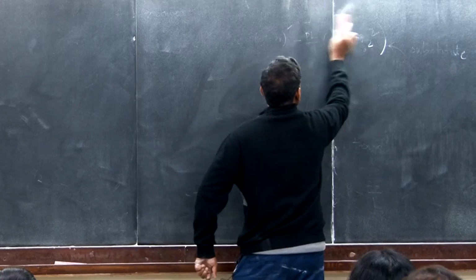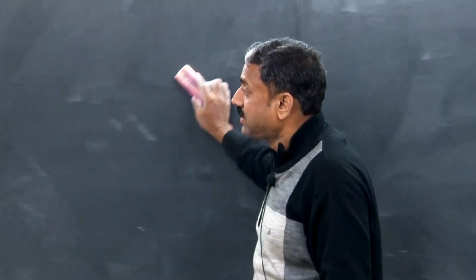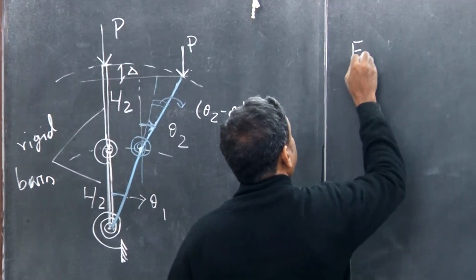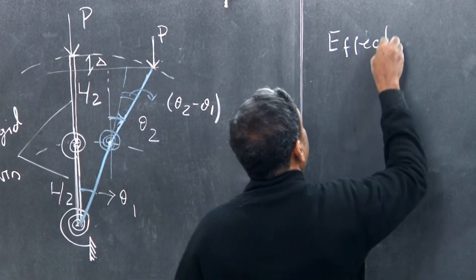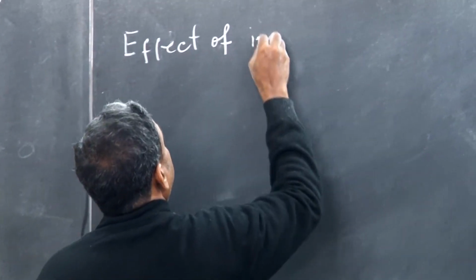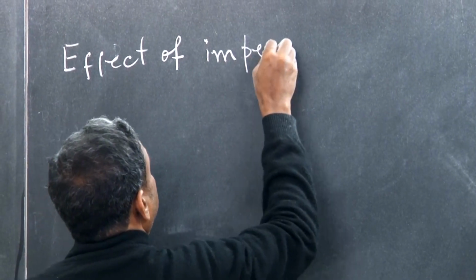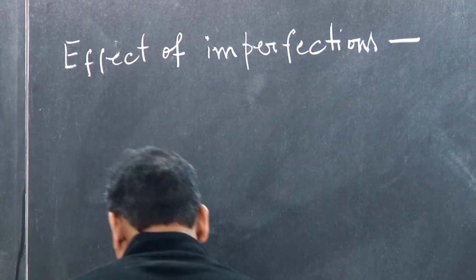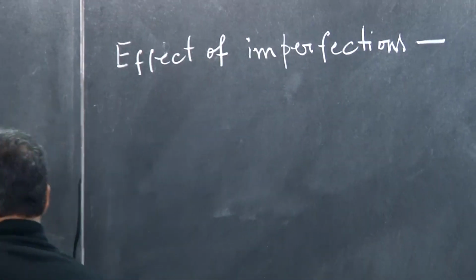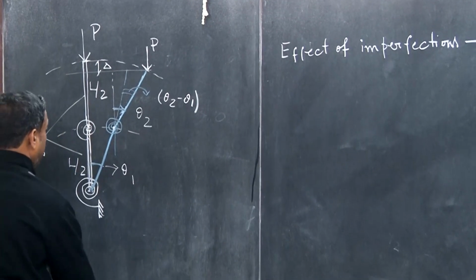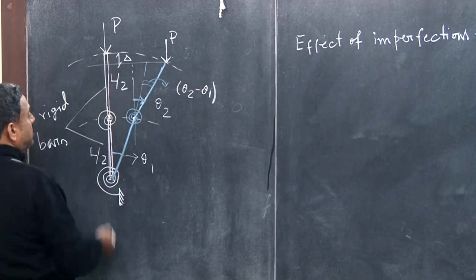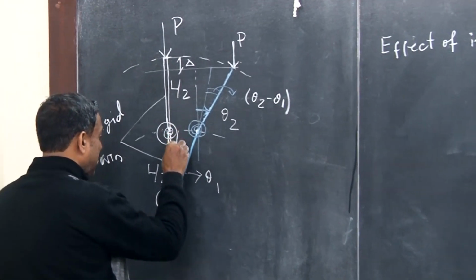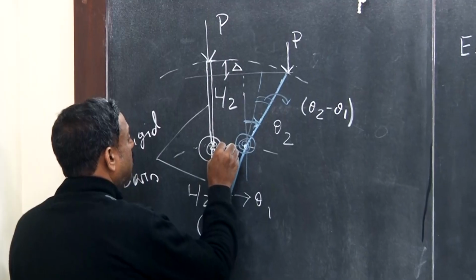So now, at least for this problem, I will put in the effect of imperfection. Imperfection means we will consider geometric imperfection. Earlier we assumed this to be a perfect system, but here we will assume that initially this bar was a little crooked.